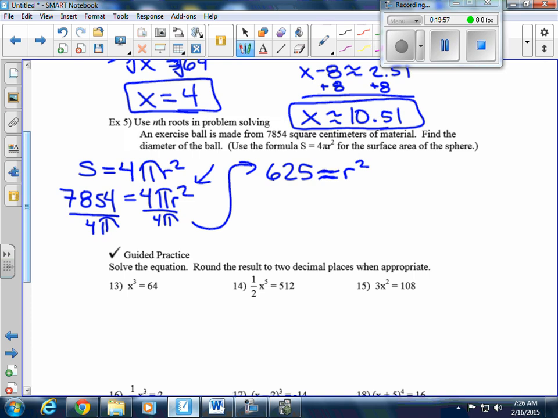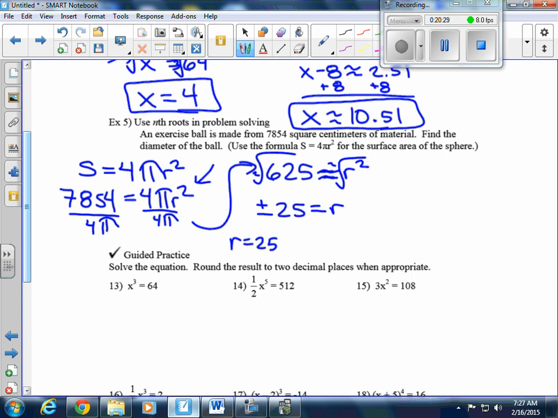So now we have a square. I'm going to take the square root of both sides. And the square root of 625 is plus or minus 25. Now remember, because we had the square root, which is a 2, an even index, we have to have a plus or minus there. In this case, our radius is not going to be negative 25. So r is going to equal 25.